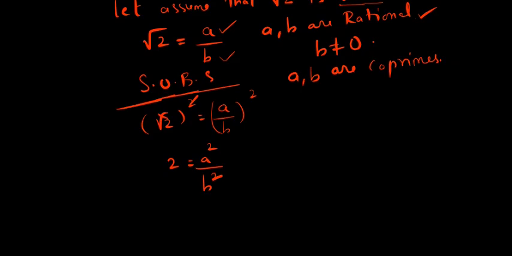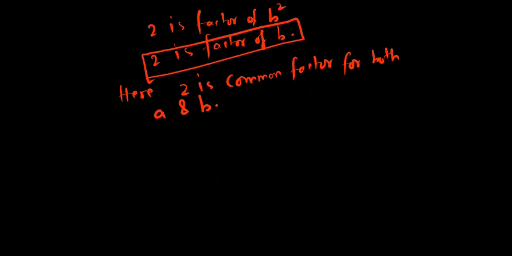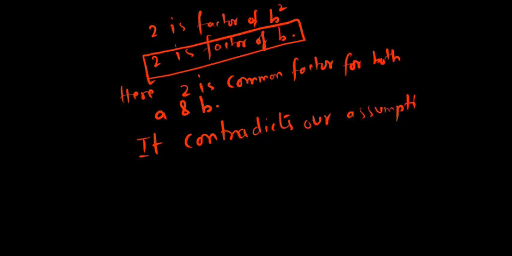But here, we are getting 2 as a common factor for both a and b. So it contradicts our assumption that root 2 is rational.